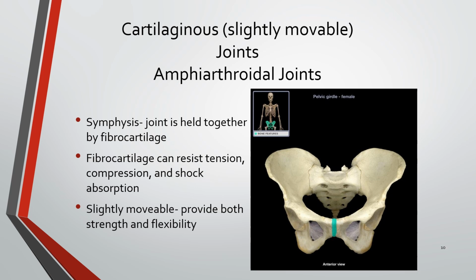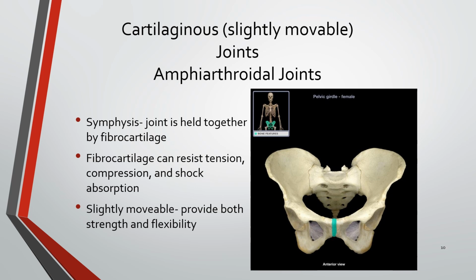Okay. Moving forward, now we're going to be talking again about some slightly movable joints. One other place in our bodies where we have this slightly movable joint is the pubic symphysis. And this is fibrocartilage. We talked about that in the tissues lecture, when we talked about the three different types of cartilage that we have.